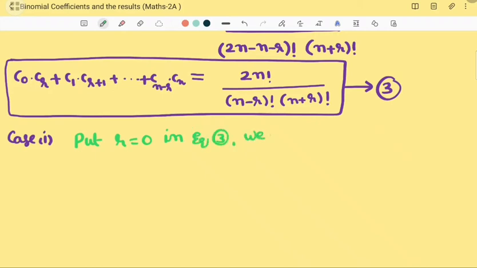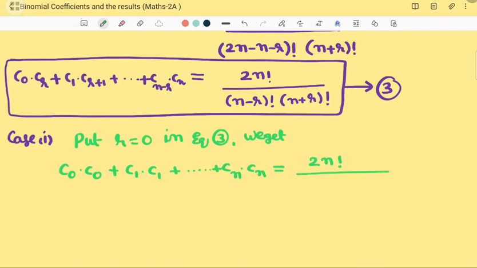We get C0 C0 plus C1 C1 and so on, Cn into Cn is equal to, substituting r equal to 0, 2n factorial by n factorial into n factorial.